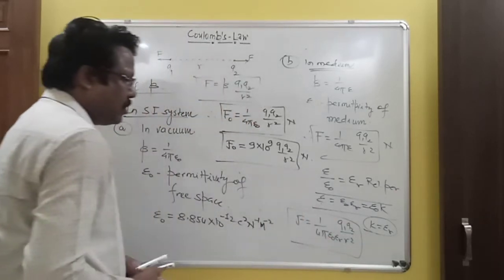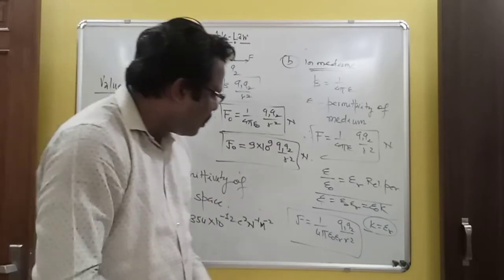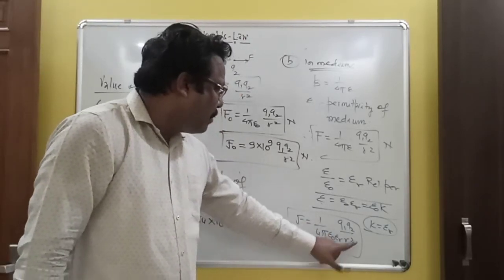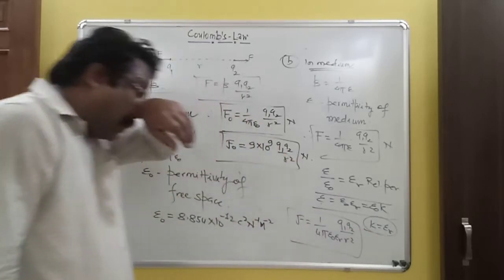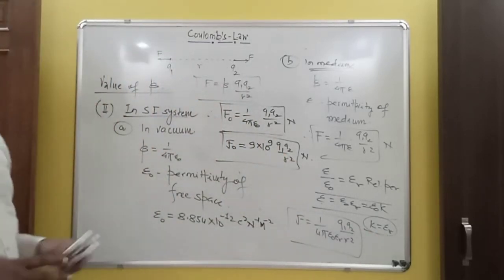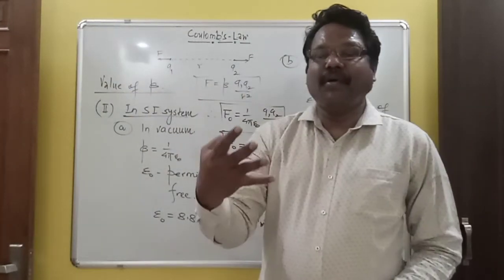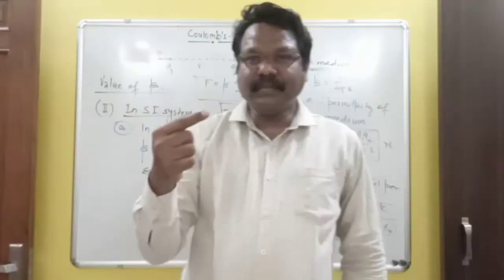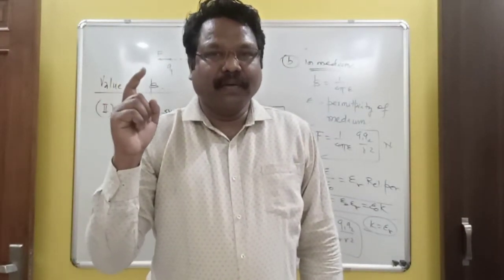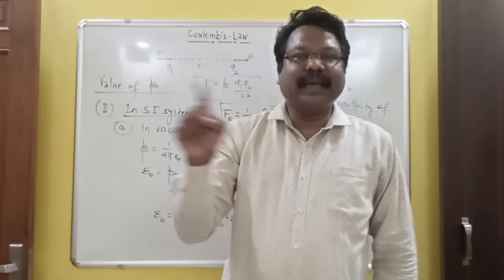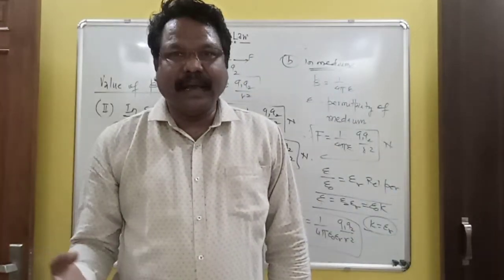Also you may write this as 1 upon 4 pi epsilon naught K Q1 Q2 by R square, because epsilon R and K are equal. You got the point? So in that way you have written the Coulomb force in 4 forms. First form, in medium and in CGS system, 1 by K Q1 Q2 by R square dyne.